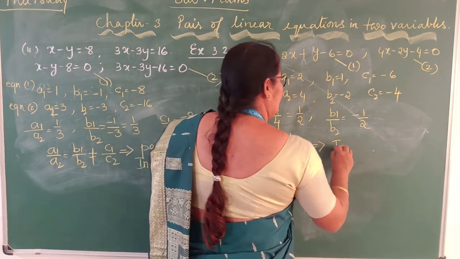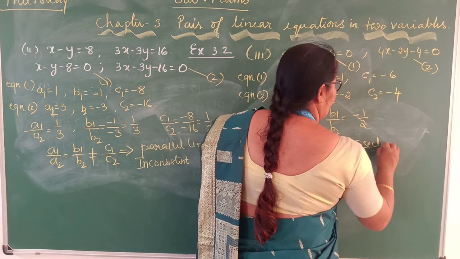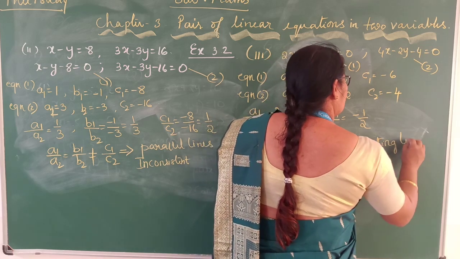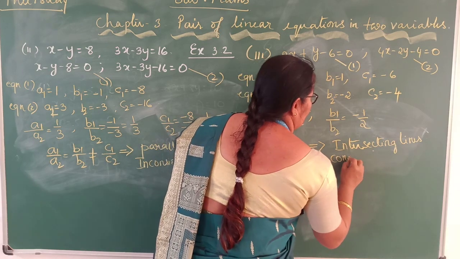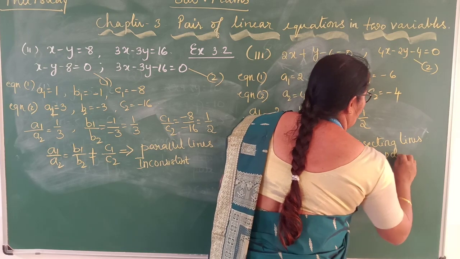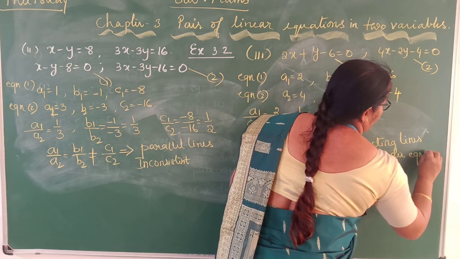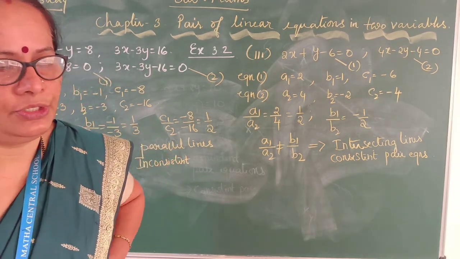So we get intersecting lines, so a consistent pair of equations. These two are a consistent pair of equations.